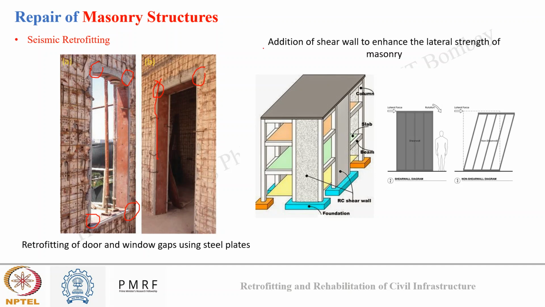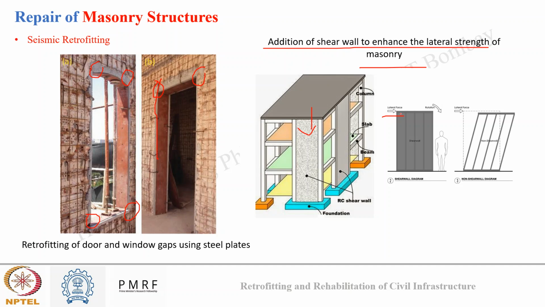Okay, and we have addition of a shear wall to enhance the lateral capacity of the masonry. So often what is done to increase the lateral strength of the masonry is that an additional shear wall is cast within the masonry building. Now what will this shear wall do?